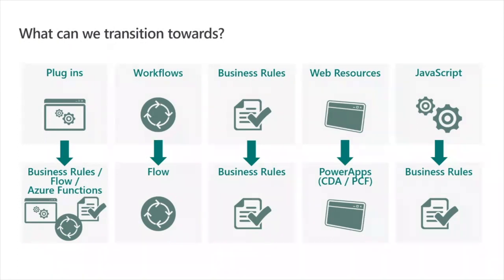So not that plugins are going away, but this is just something that you should be aware of. How do I use the configuration of the no-code approach and take it further than what I have done in the past?